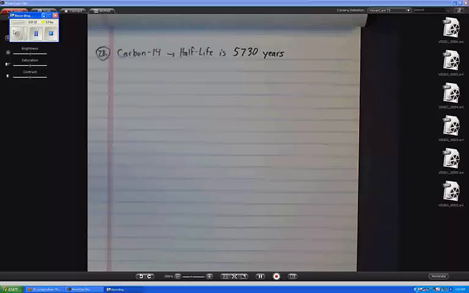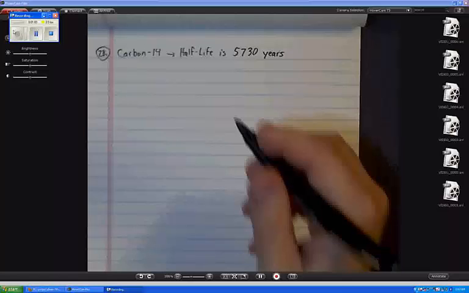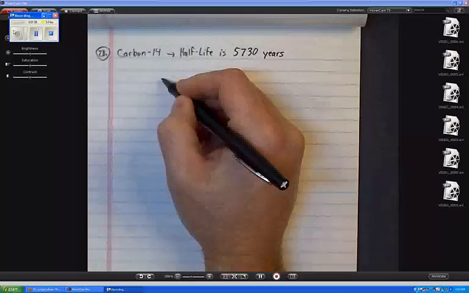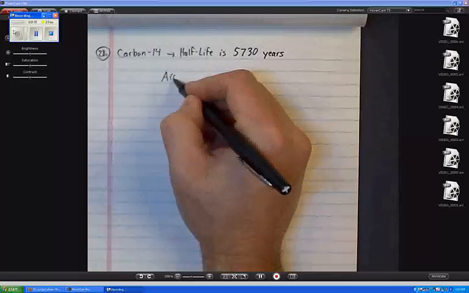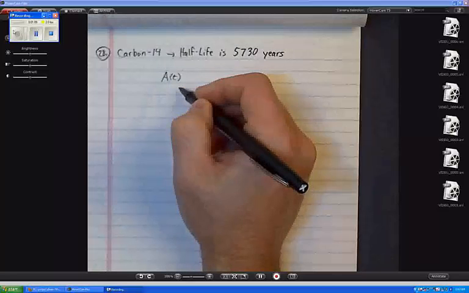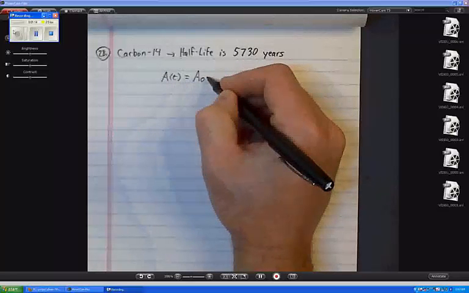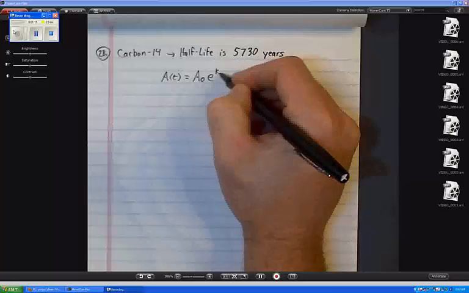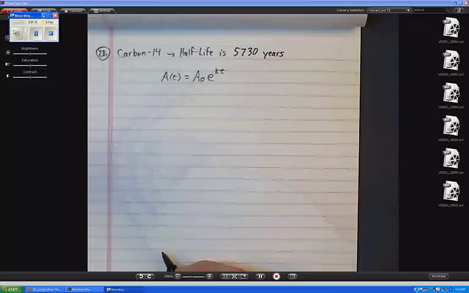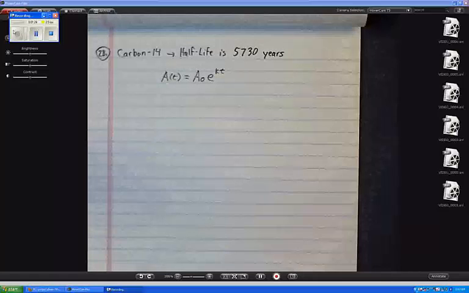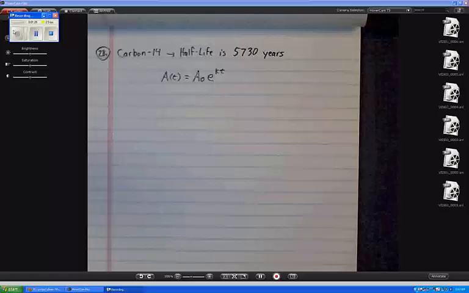The equation we've been writing down is A of t equals A initial e to the kt. Right? One of the problems is when Barr said they didn't give me enough information, like they didn't tell me something that I had in the other equations, and what was that? An initial amount.